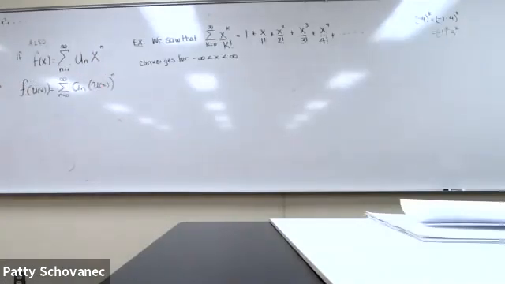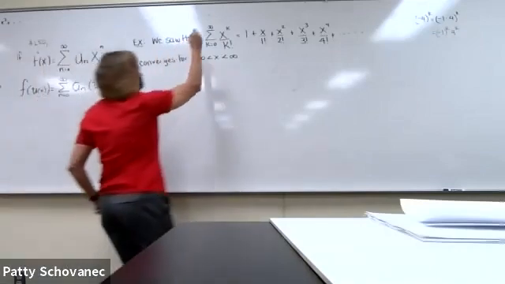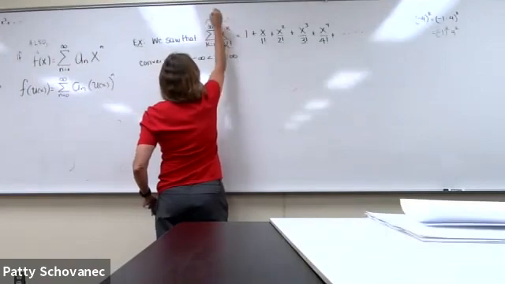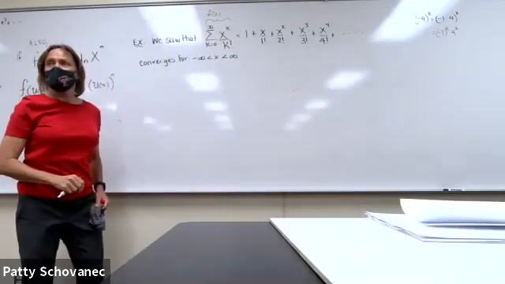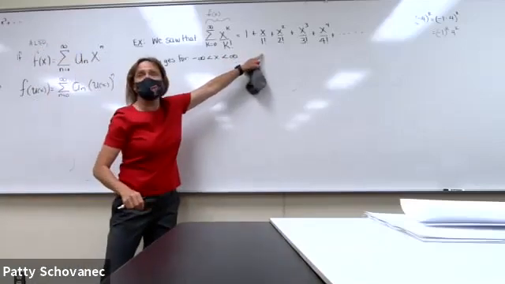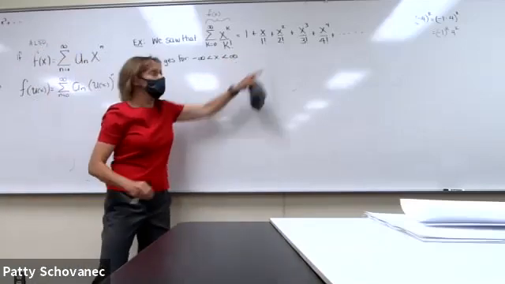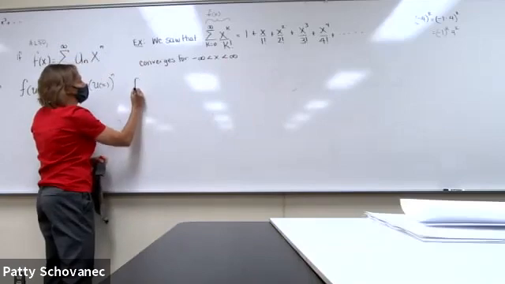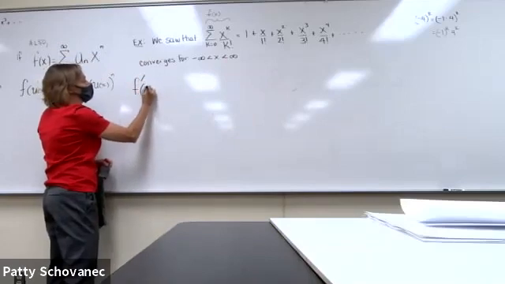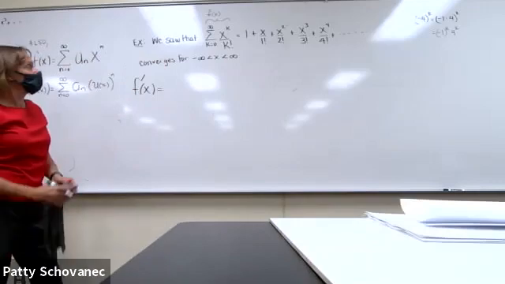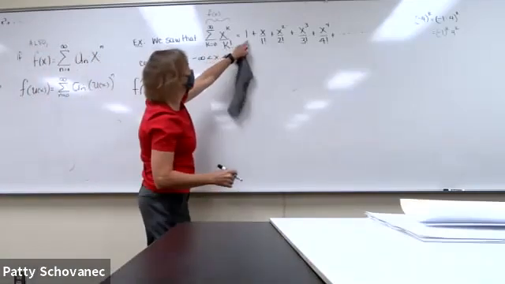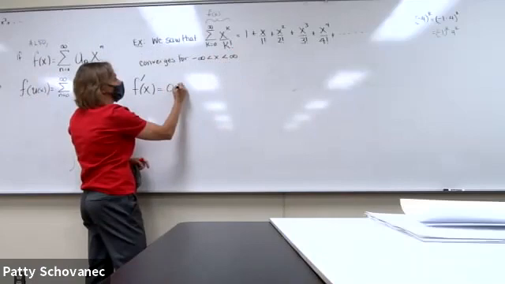Let's call that function f of x. And let's take the derivative of it term by term. So when I take the derivative of that first term, I get 0.